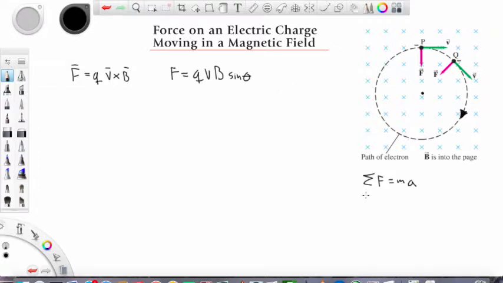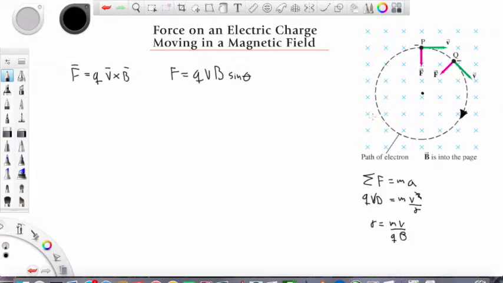So the magnitude of the force is Q V B. Because it's a circular trajectory, the acceleration is V squared over R. You might remember this from previous physics. One V cancels, so we can solve for the radius of this circle: R equals m V divided by Q B.